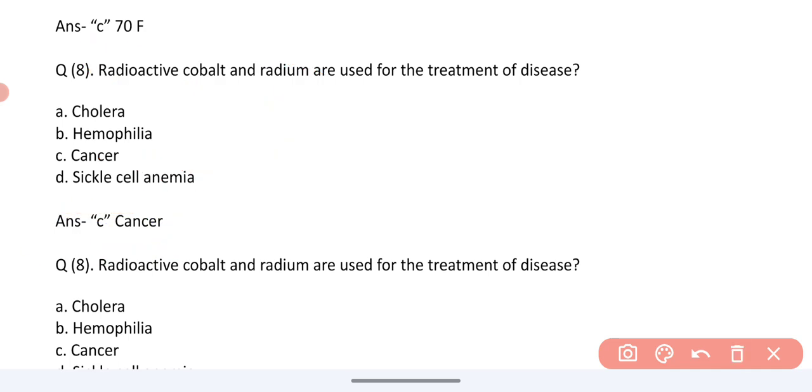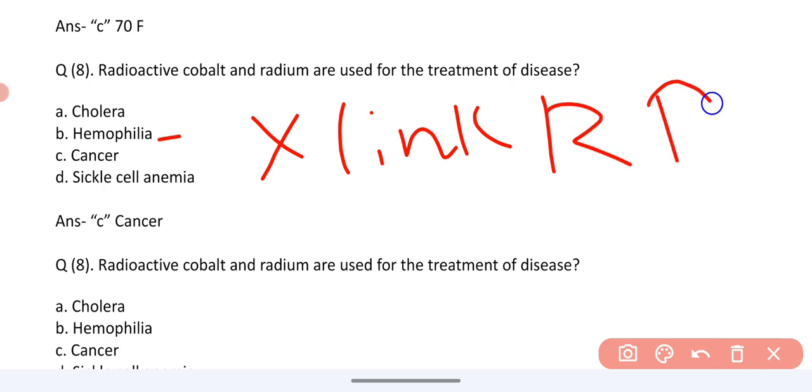Okay, other options like hemophilia. What is hemophilia? It is an X-linked recessive disease.